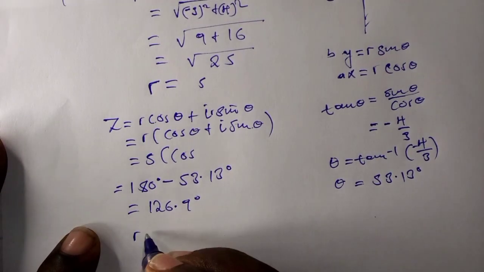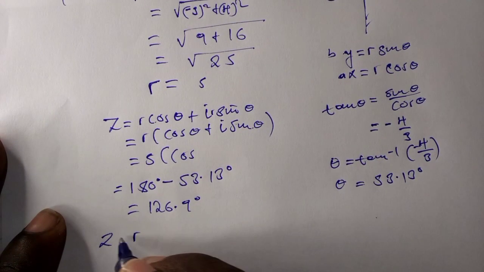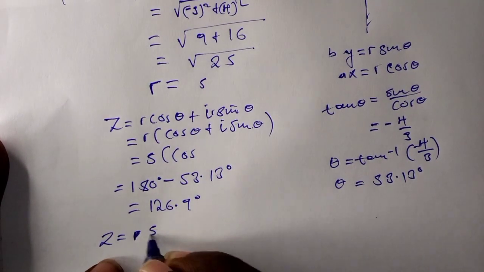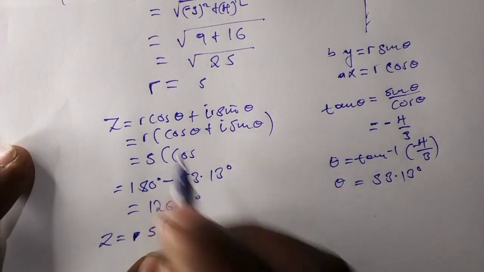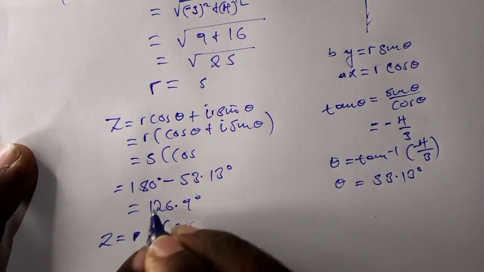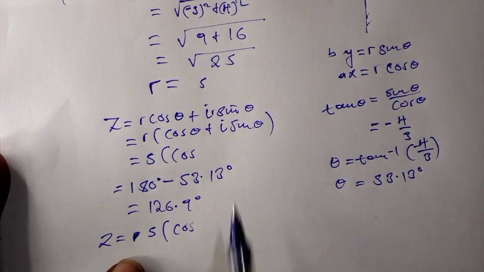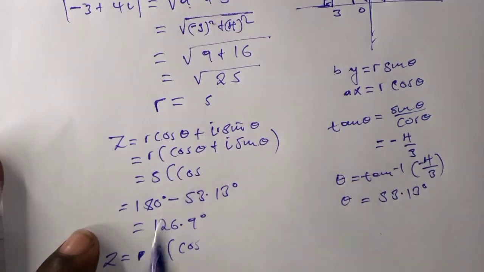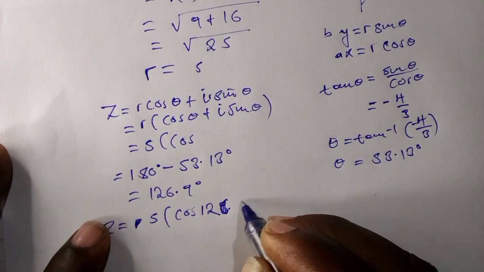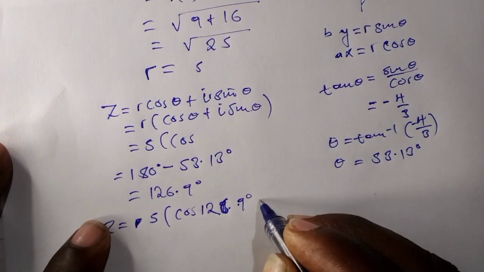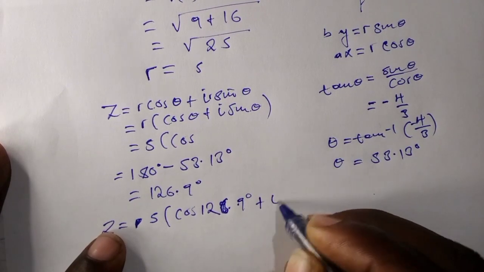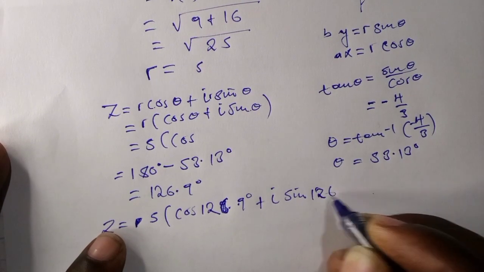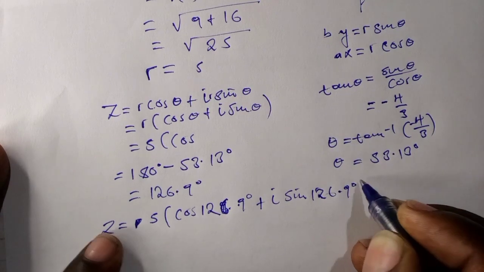So z equals r, where this r we have 5 here. We have 5, then open bracket, then cos. So we're going to use this angle here because the angle should be less than 360. So we're going to use the same angle, 126.9 degrees, plus the imaginary part, which is sin 126.9 degrees.